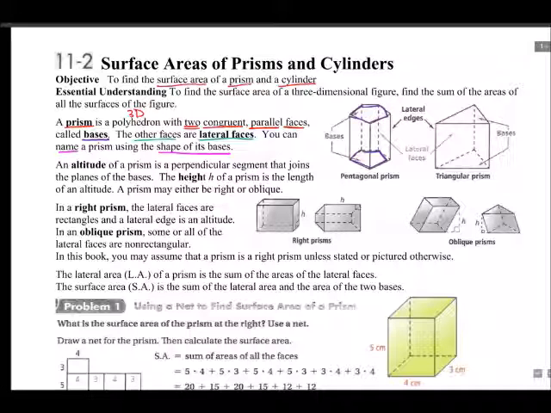And if we look on the next diagram, where are our two parallel congruent faces? Well, once again, they're on top and bottom, and this time they are triangles. And so this would be called a triangular prism. And check it out, once again, our lateral faces are rectangles.